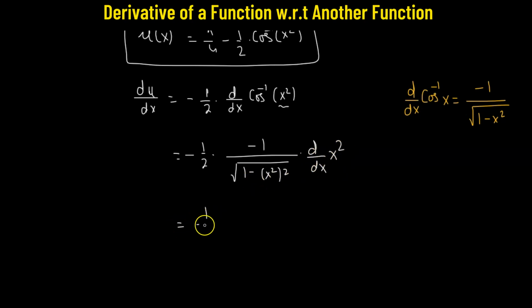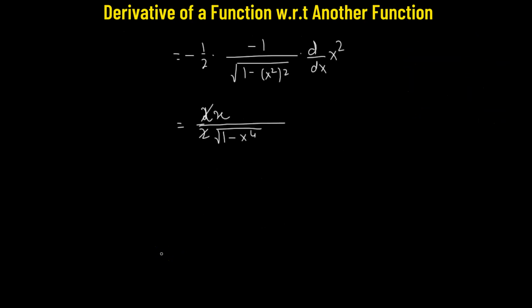The negative half and negative 1 multiply to give a positive 1 over 2, multiplied by 1 over the square root of 1 minus x raised to the power of 4, and the derivative of x squared is simply 2x. So the 2 and 2 go away, and this gives us the derivative of u with respect to x, which is x divided by square root of 1 minus x raised to the power of 4. Let's label this as number 1.